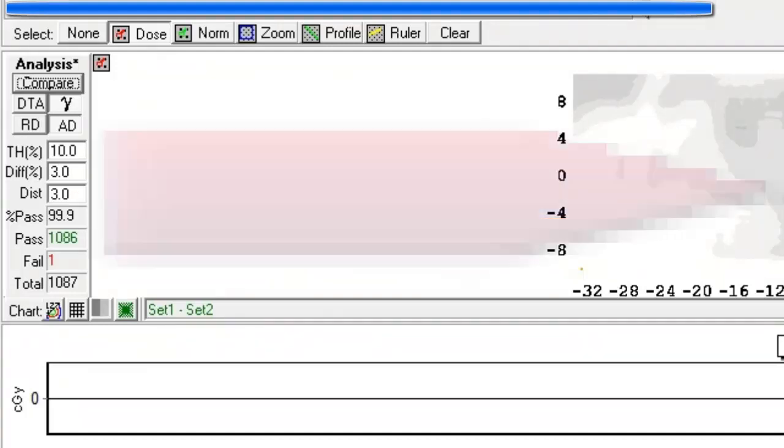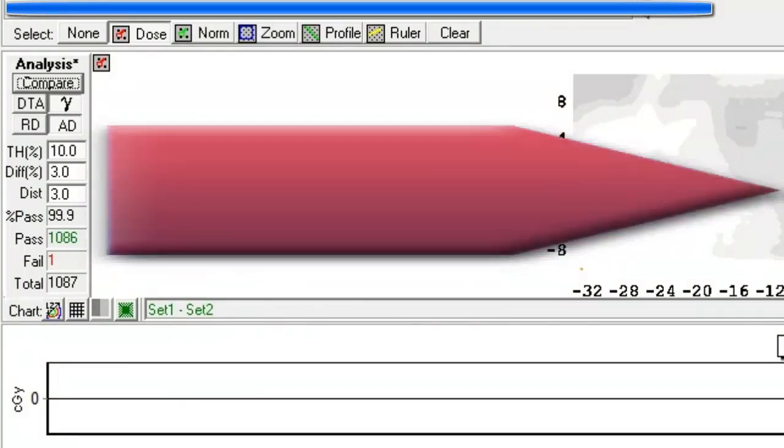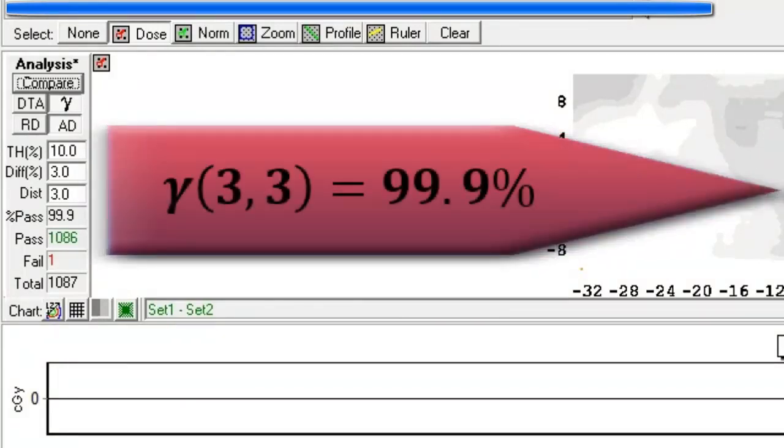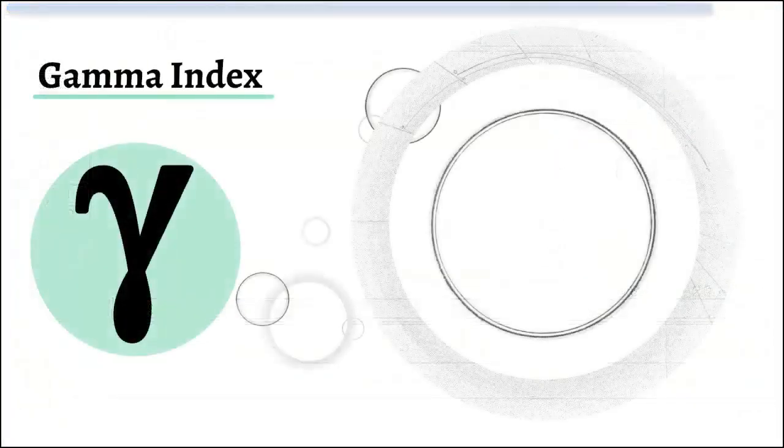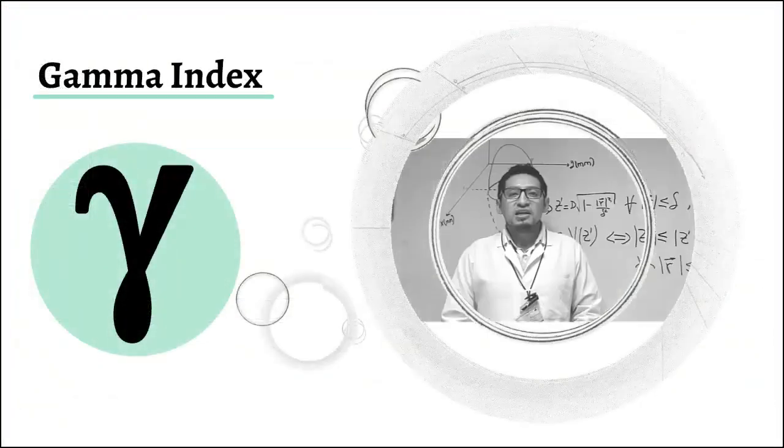The final result would be written like this: gamma 3/3 equals 99.9%.